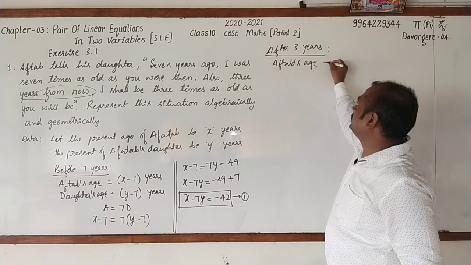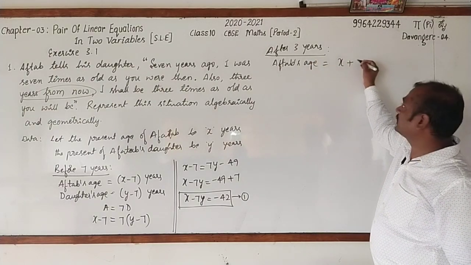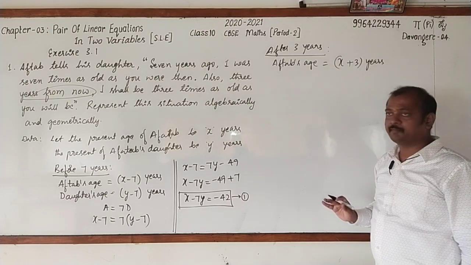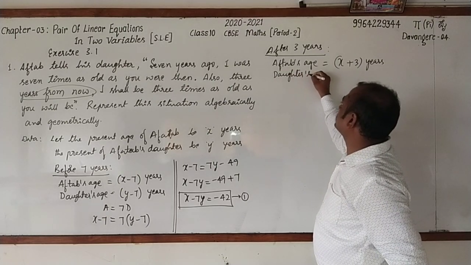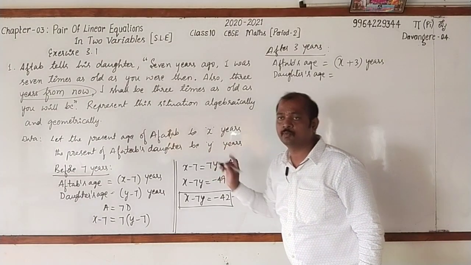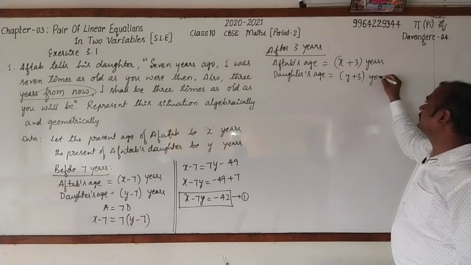Aftab's present age is X. After 3 years, X plus 3 years. Clear? Then what about daughter's age? Present age of the daughter is Y, and after 3 years, Y plus 3 years.